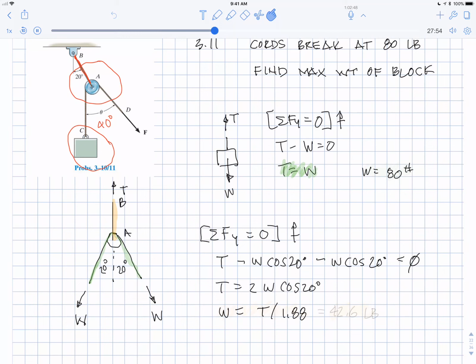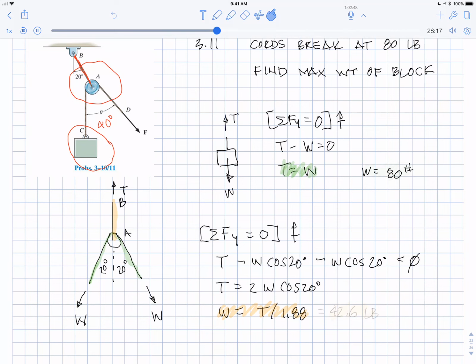If you put 80 pounds, you're going to break CAD. However, if you break the orange rope, the weight equals T over 1.88, or the tension is 1.88 times W. So when the tension reaches 80 pounds in the orange rope, it will break.